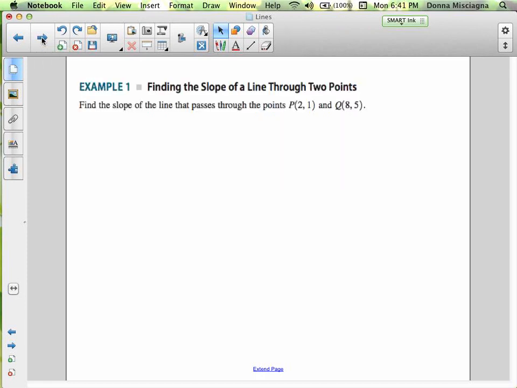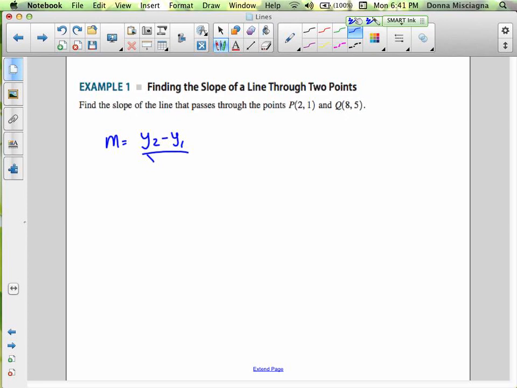So let's find the slope of the line that passes through the points (2, 1) and (8, 5). You simply take the difference in the y-coordinates over the difference in the x-coordinates. It doesn't matter which point you use first, so long as you're consistent. So that means that the slope of our line, I'm just going to go left to right, would be 1 minus 5 over 2 minus 8.